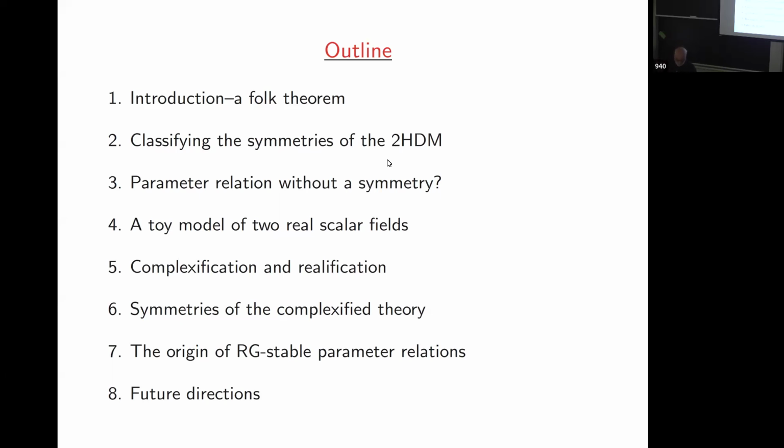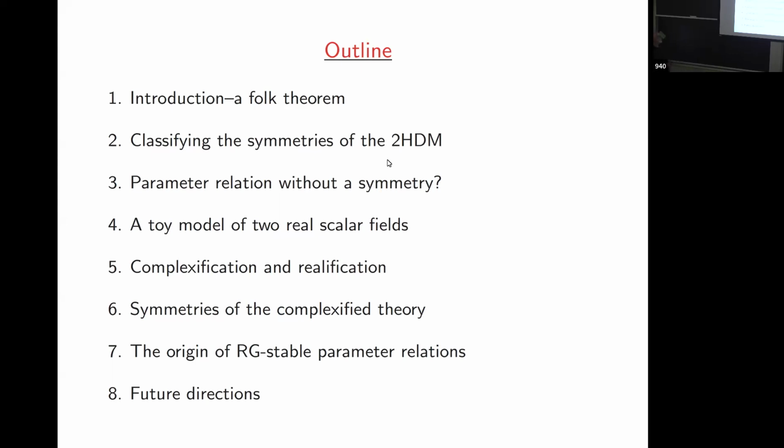Now, the big surprise about 2 years ago was that a couple of folks were examining some special cases of the 2 Higgs doublet model, and they discovered a parameter relation which didn't seem to come from any of these symmetries that had been classified. So the big question was, had they inadvertently discovered a new symmetry that the previous classifiers had missed, or what was going on?